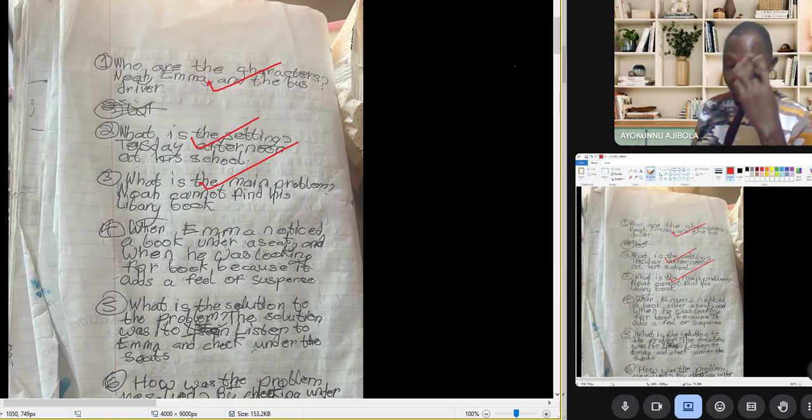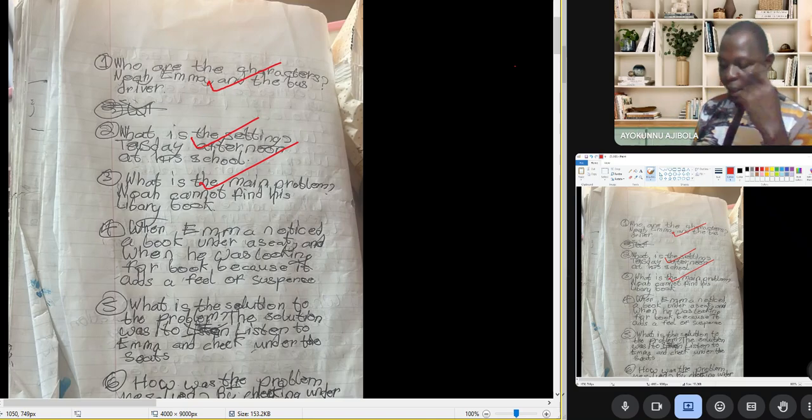So when he discovered that the book was missing, he checked his desk. That is very important, yes or no? Yeah. And it was also very important for him to check the lost and found box, right? Yeah. So it's also important that somebody mention that Emma remembers seeing a book under a bus seat, right?